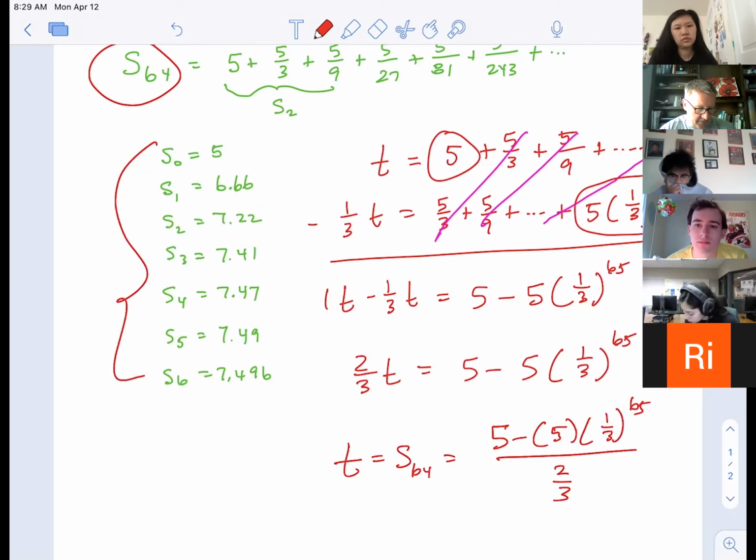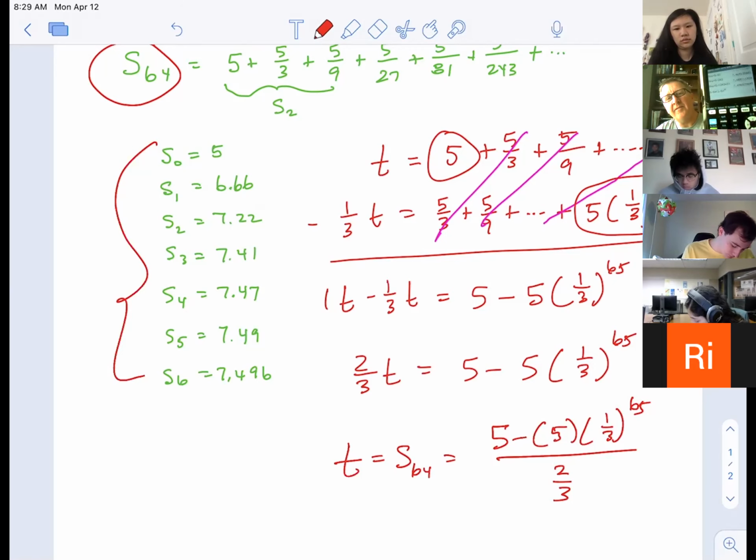5 minus 5 times 1 divided by 3 to the 65th. And I'm curious, to Eve's point, whether this is going to make it over the top of 7.5. But when I typed in just the top, interestingly, it gave me 5. The reason is because 3 to the 65 power is such a gigantic number.